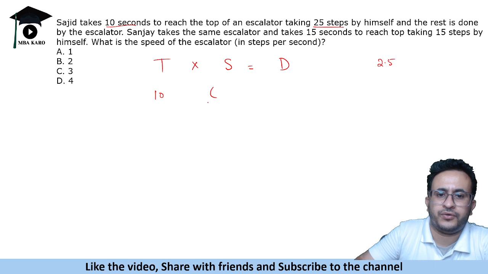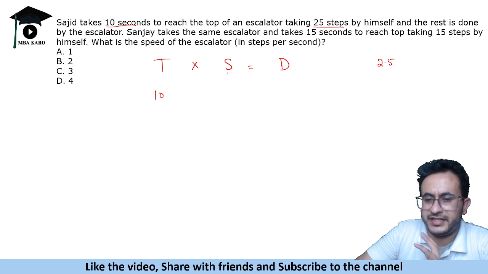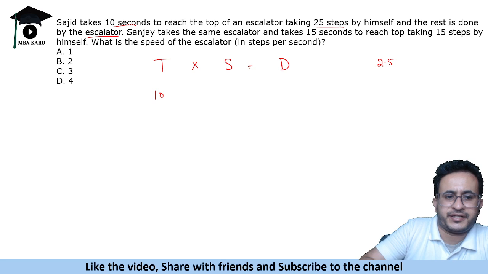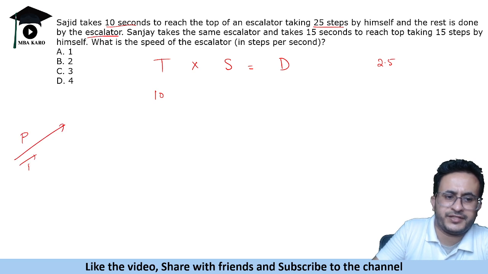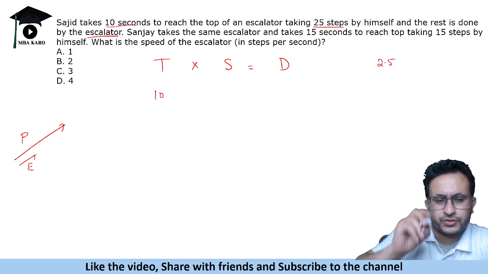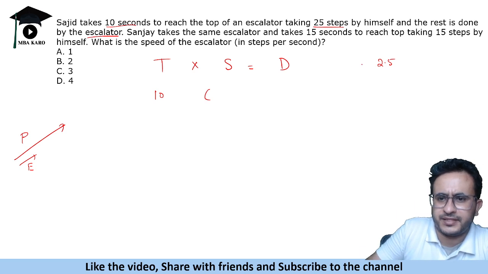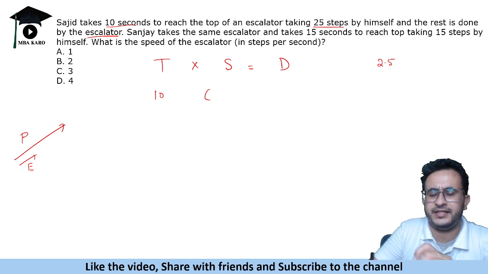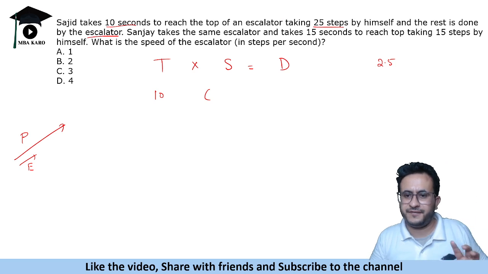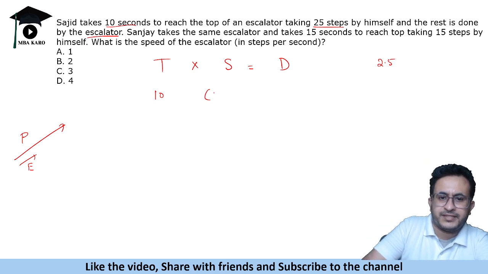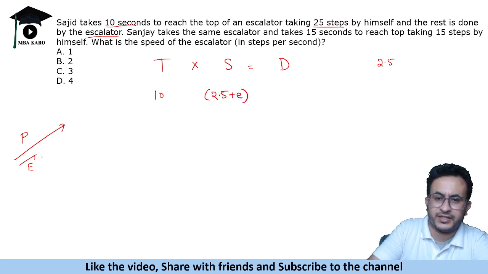Now the actual speed is not 2.5, right? The rest is done by the escalator, so that means the person is moving up and the escalator is also moving up. If you take 25 steps in 10 seconds, your speed is 2.5 steps per second plus the speed of the escalator, because he is moving with the escalator.